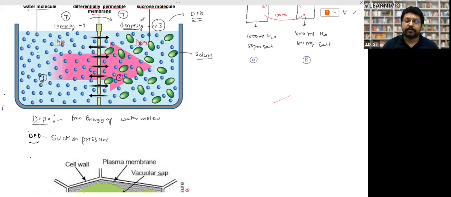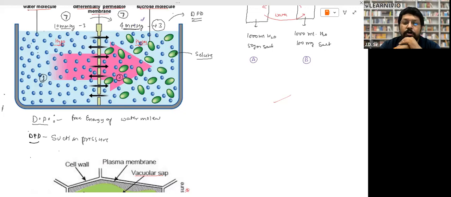Got it? DPD. Movement of water molecules takes place from high DPD to low DPD. Clear? This is the same thing as osmosis.